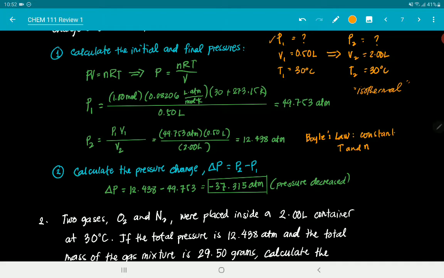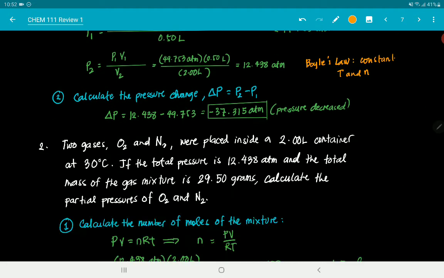Okay? So next problem. Two gases, O2 and N2, were placed inside a 2-liter container at 30 degrees Celsius. So if the total pressure is 12.438 atm and the total mass of the gas mixture is 29.5 grams, calculate the partial pressures of O2 and N2.